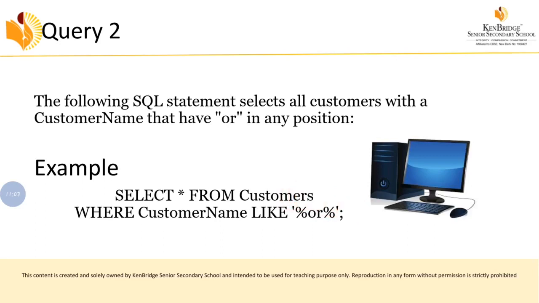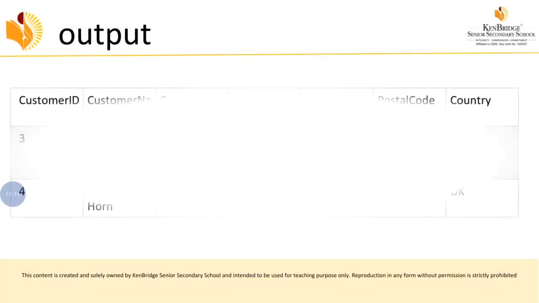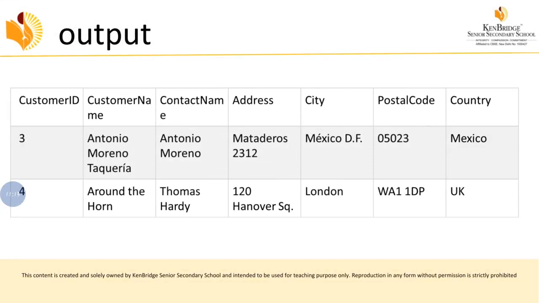Let's see the output of this query. Just look at this customer name, here is Var, and here is Varhon. So the OR can be anywhere in the name, but it should not be at the start or the ending.